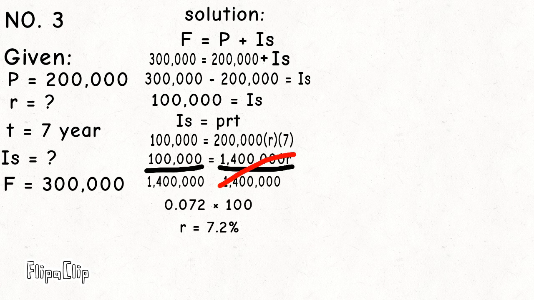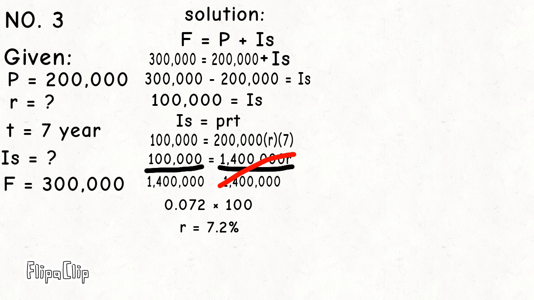Then put 300,000 as future value equals 200,000 as principal plus Is, since Is is unknown. In order to get Is, we need to subtract the principal from the future value. And the answer is 100,000 equals Is.